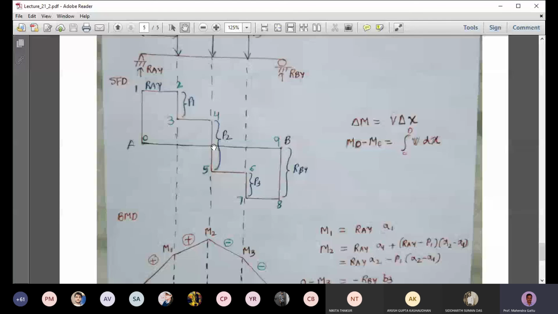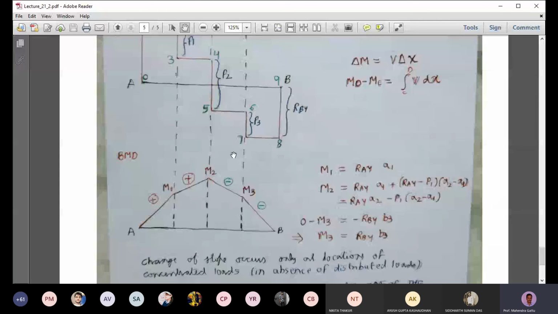So the decrease is shown here. At point 3 it will be equal to M3, and then again the shear force is increasing in the negative sense, so the slope will be higher and the decrease will be at a faster rate between this section and this section.